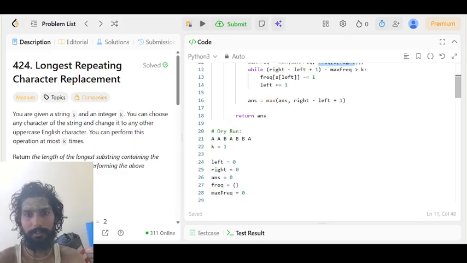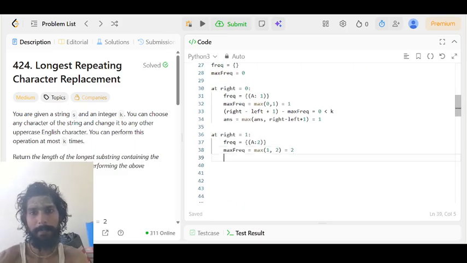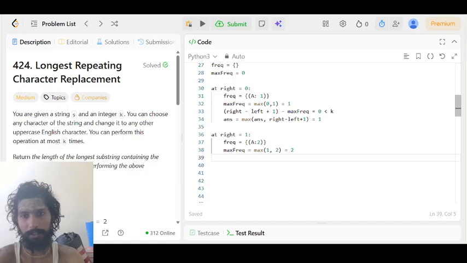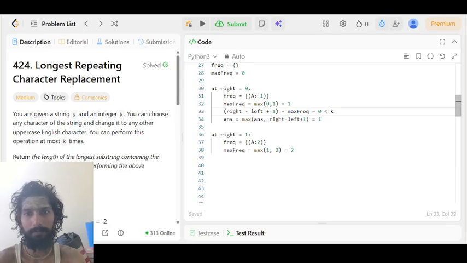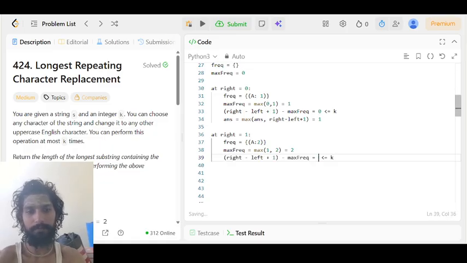Now right minus left plus 1 minus max freq is less than or equal to k. So I'll update the answer. So my answer will become 2.